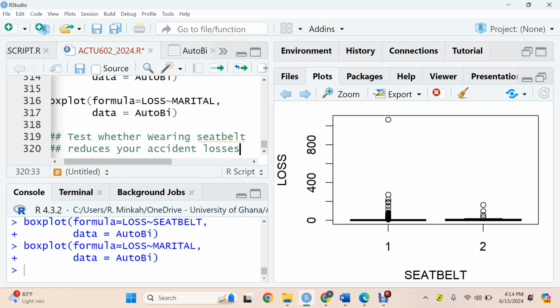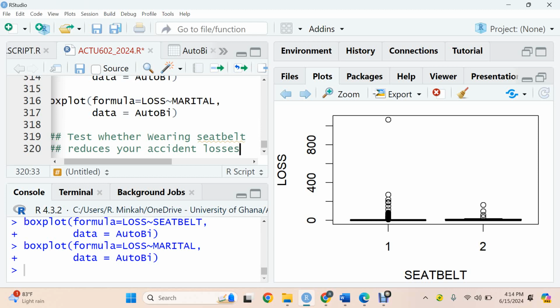Here, our null hypothesis and alternative hypothesis will be like this. We have mu 1 minus mu 2 equal to 0. This is wearing seatbelt, not wearing seatbelt. You see how I framed the question? I said we want to find out whether wearing seatbelt leads to what?